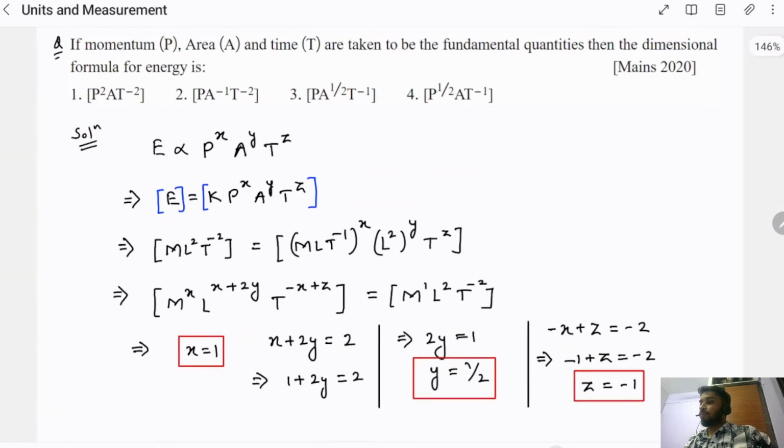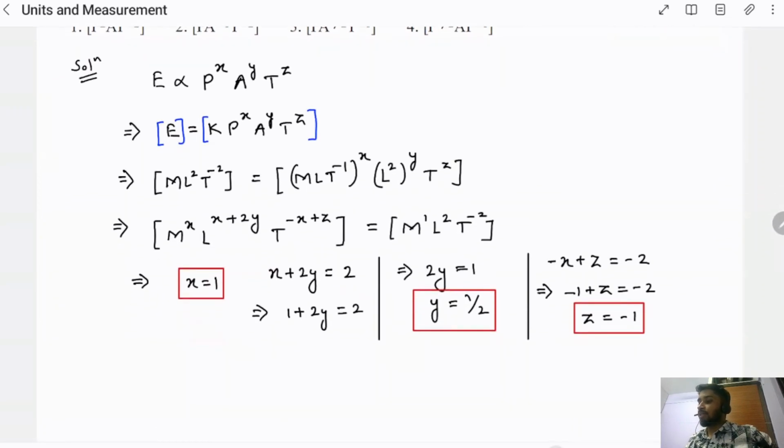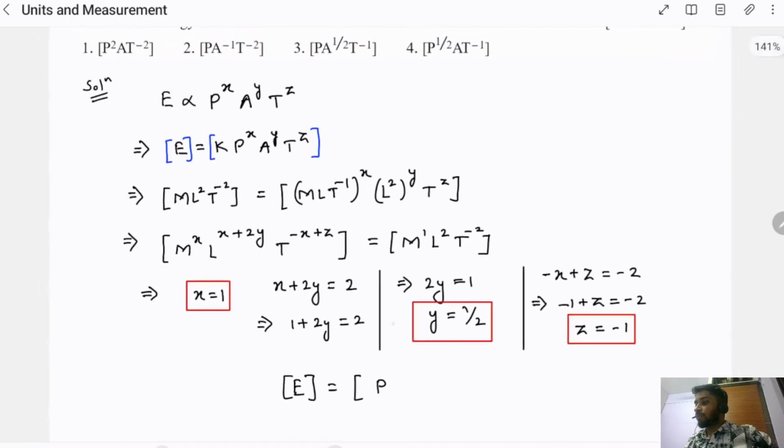So from here, if we go for the final expression, ignoring the constant, dimension of E, taking momentum, area and time as fundamental quantities, will become p to the power 1, so we can leave it as just p, into a to the power 1 by 2 and t to the power minus 1.